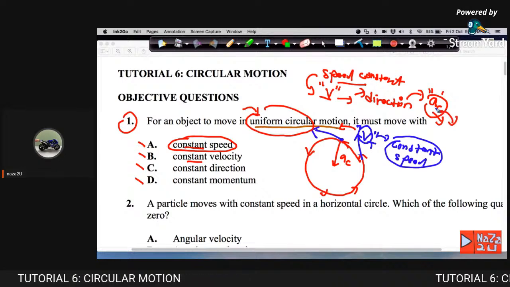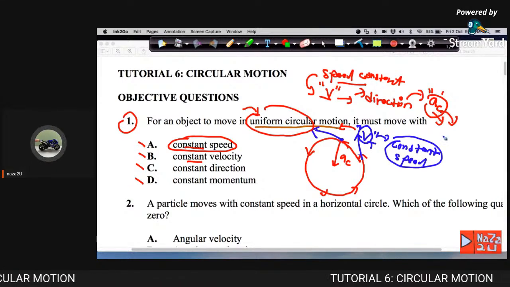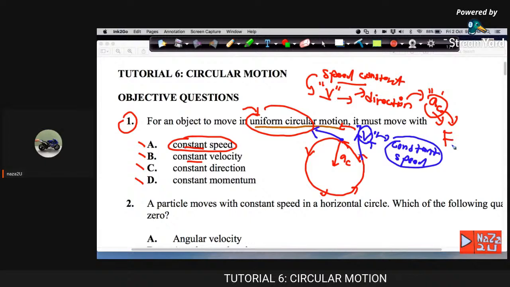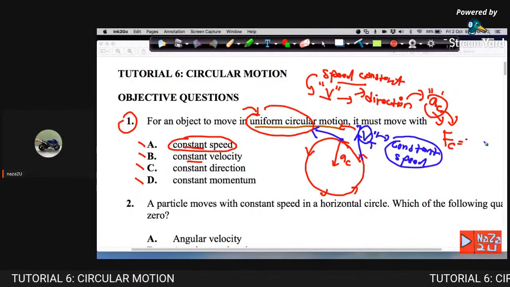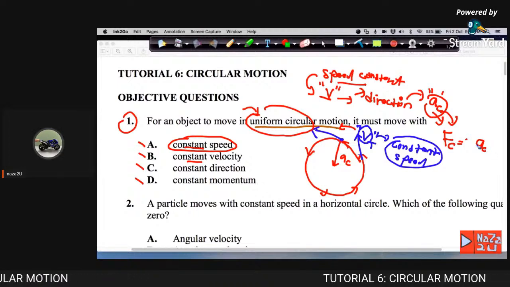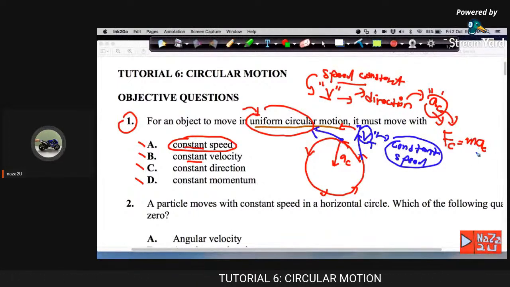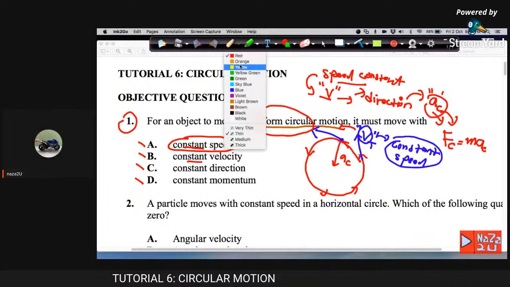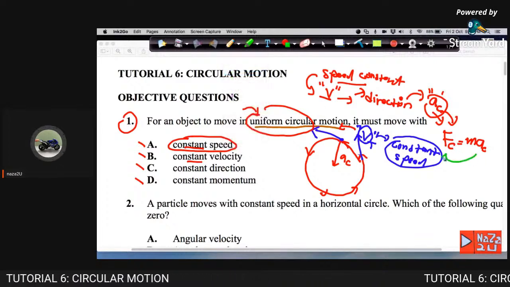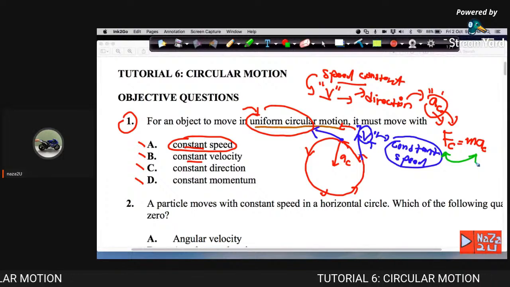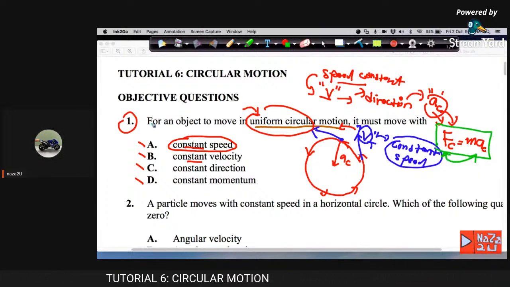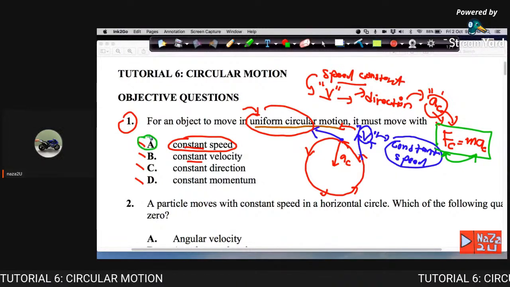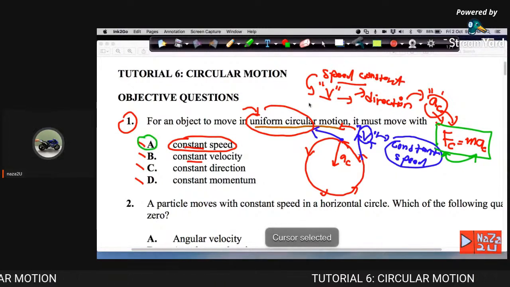If you have centripetal acceleration AC, you can relate it to the centripetal force FC, because of Newton's second law, which relates the acceleration AC and the centripetal force FC. All right, this is number 1. The answer is A. So continue to number 2.